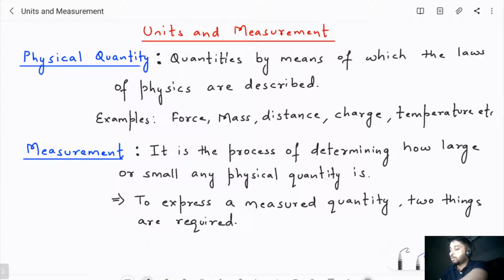One is magnitude, and the second one is unit.